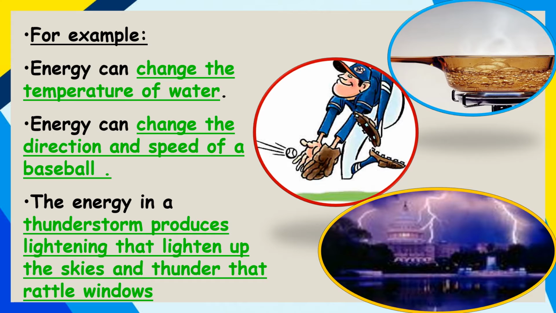And lightning in the sky means जो light आती है sky में, that is also a form of energy. So I hope these examples make it clear about what is the capability of energy, different types of energy to do. It can change the temperature, it can change the speed, it can change the direction.